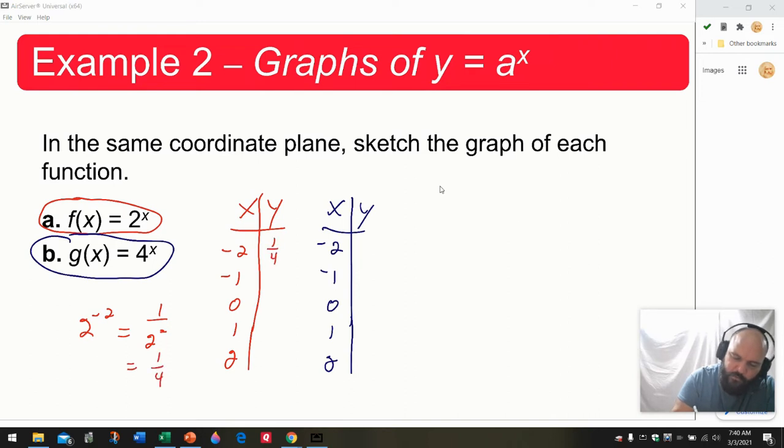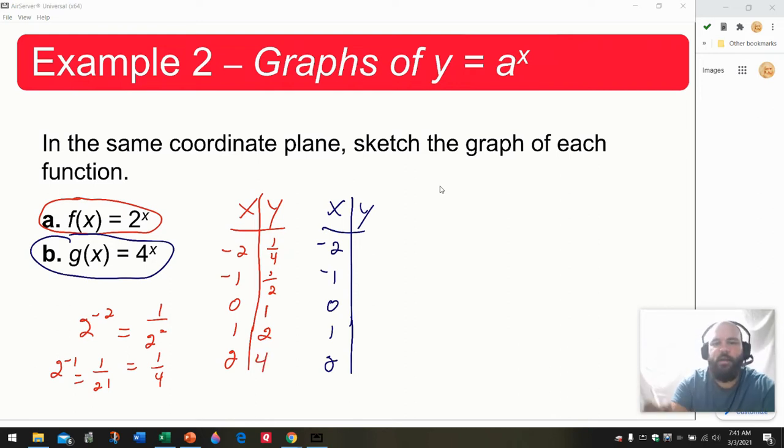Similarly, 2 to the -1 is 1 over 2 to the first. So that's 1/2. When I plug in a 0, 2 to the 0 power, anything to the 0 power is 1. When I plug in a 1, 2 to the first is 2, and 2 to the second is 4. So that's how we got those y values. We plugged all of these x values directly in for the x right there.